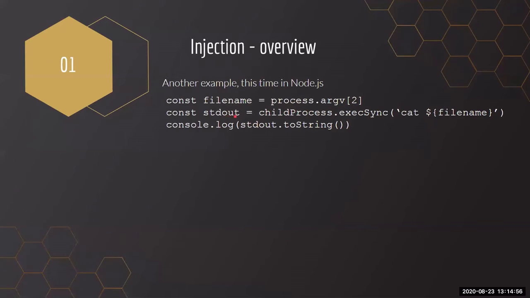And then const stdout stands for standard out. That's another constant variable it's declaring to execute the cat command. If you don't know Linux, I believe it just stands for catenate. It just dumps the entire text of the file out to your prompt.